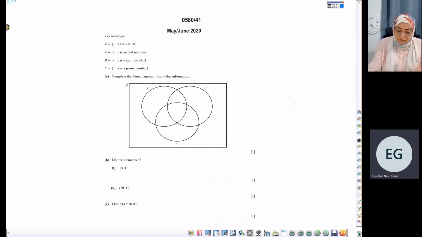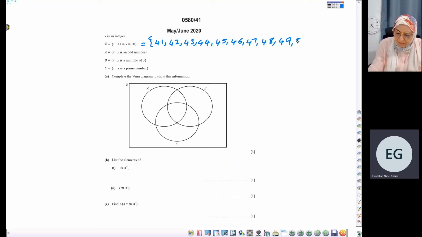You should write that the universal set contains the numbers from 41 to 50 inclusive. So 41, be patient, 42, 43, 44, 45, 46, 47, 48, 49, 50. 1, 2, 3, 4, 5, 6, 7, 8, 9, and 10.